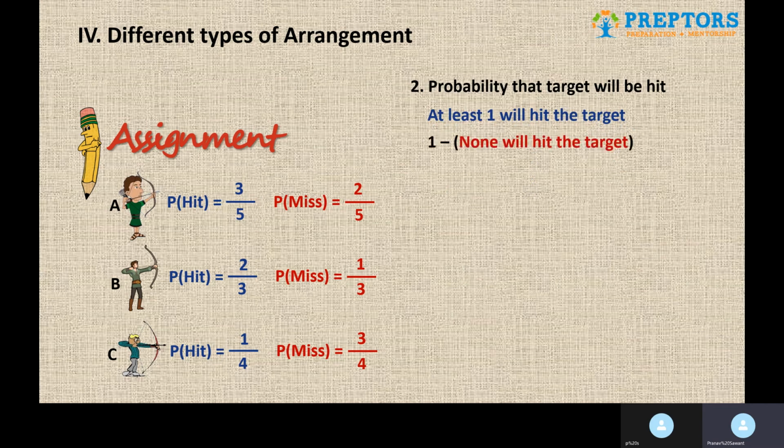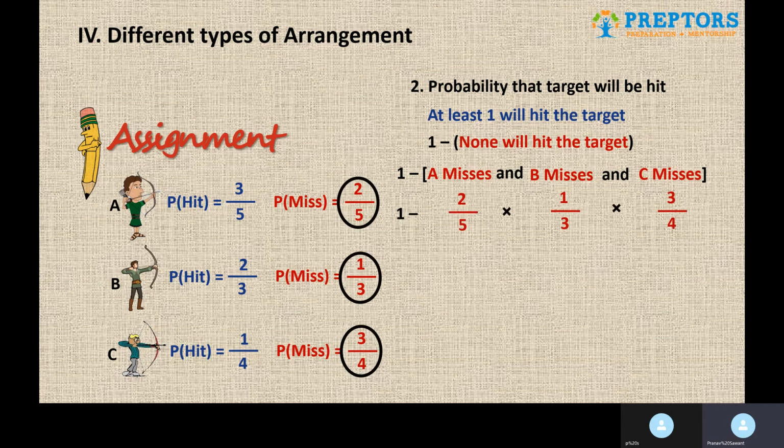So we will use the complement here. At least 1 means 1 minus none will hit the target, and none will hit means all will miss. So 1 minus 2 by 5 into 1 by 3 into 3 by 4. That will give you 9 by 10 as the answer.